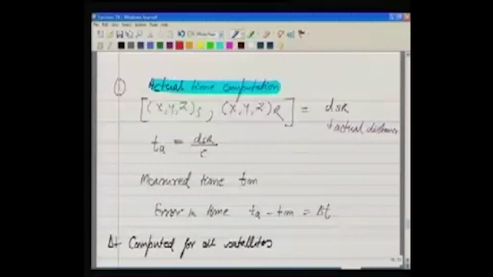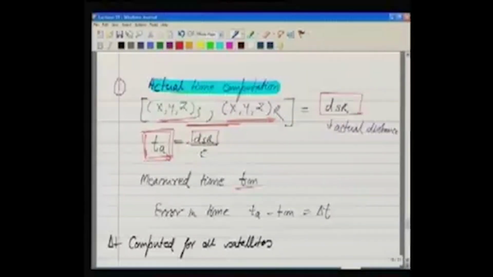Now as we see over here, this is the position of the satellite and this is the position of the reference receiver, which is known. So by using these two positions, we can compute the actual distance, and from this actual distance we can compute the time of travel or actual time which should have been there had there been no errors.